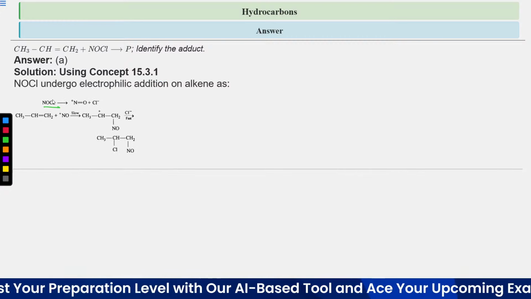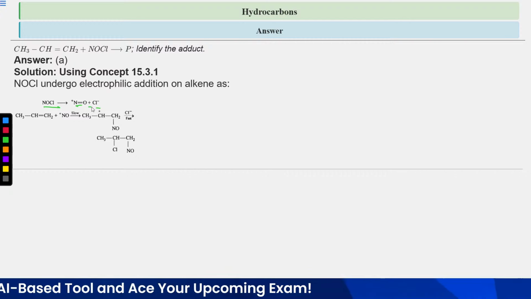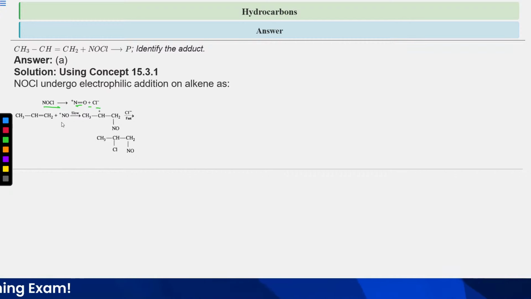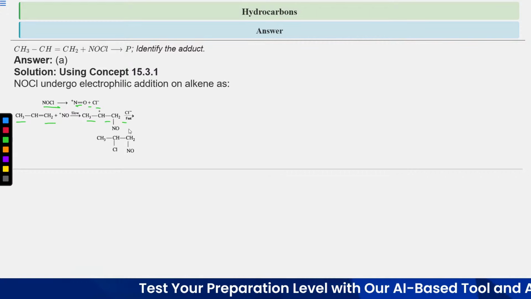NOCl first dissociates into NO positive plus Cl negative. Then we take our reactant alkene CH3CH double bond CH2, propene, and react it with NO positive. Right? This is a slow reaction.